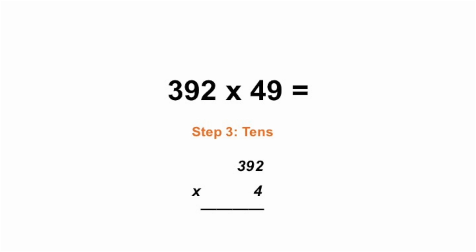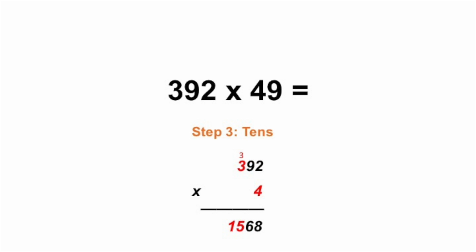So now, 4 times 2 equals 8. So let's write the 8. 4 times 9 equals 36. So we write the 6, carry the 3. Now 4 times 3 equals 12. Plus the 3 we carry, 15.